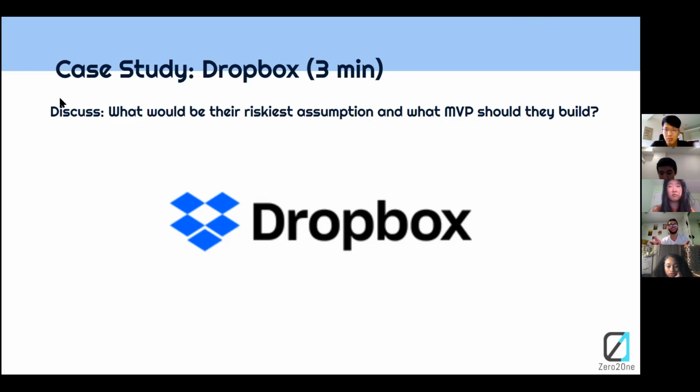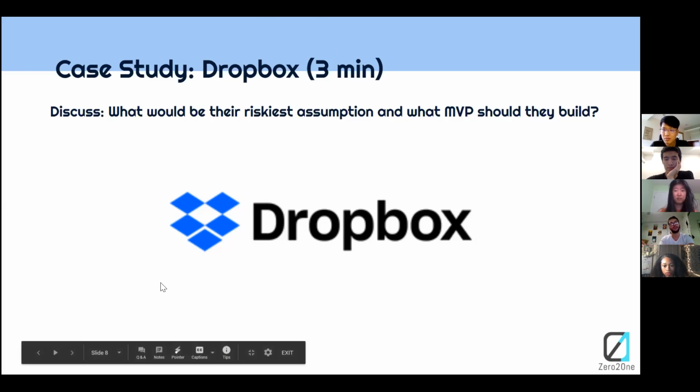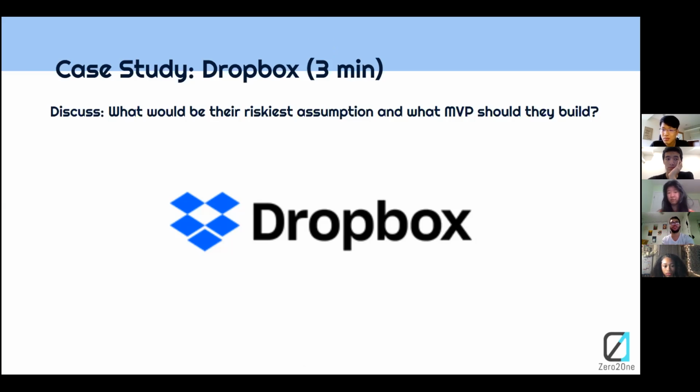The biggest assumption is that this is the case, at least at the time Dropbox was doing their thing. For the MVP, the two main features we assumed were necessary to hand to a customer to try it out at first were being able to store your files in the cloud, and the second, which is still debatable, sharing with other people. If it has those two things, then it's a plausible MVP. It already gets the effect of what the thing is.